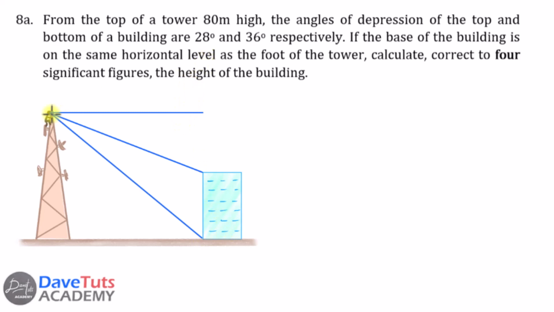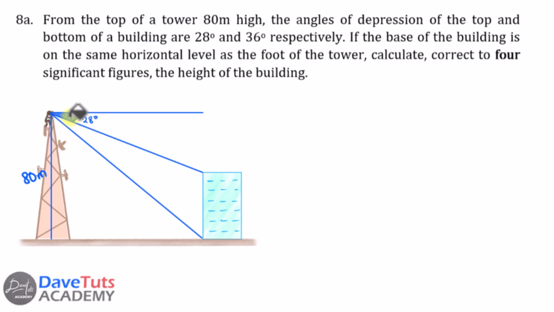Furthermore, we are told that there is a particular height for the tower. That height we are given as 80 meters. And then first we have the angle of depression of the top of the building. So from his initial horizontal view to that, we are going to have something like this, that this is 28 degrees.